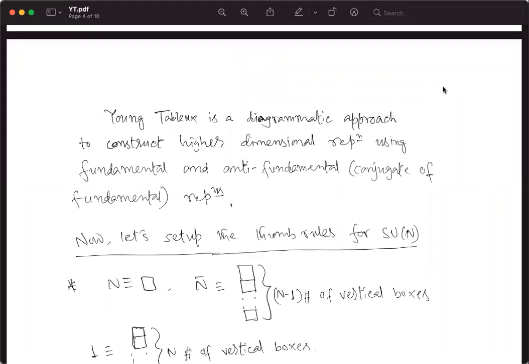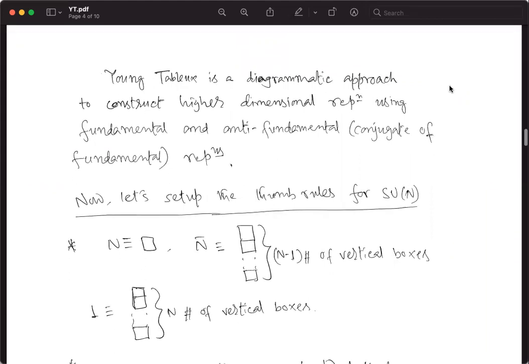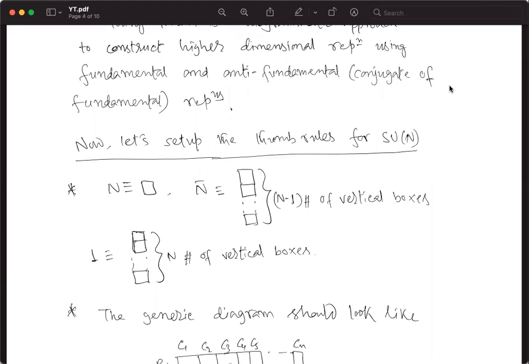So now, what we'll do is set up some rules of thumb for SU(N) specifically, to get an idea how to construct those higher dimensional representations diagrammatically.